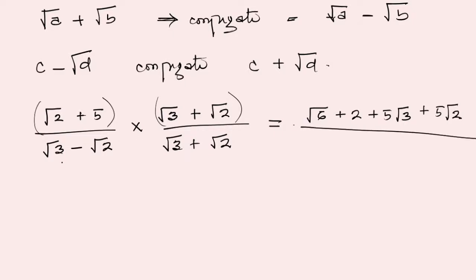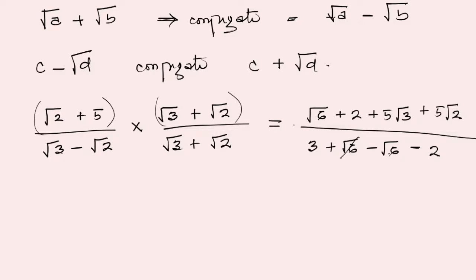The denominator in this case is going to be root 3 multiplied by root 3, which is going to be equal to 3. Root 3 multiplied by root 2 is going to be equal to plus root 6. Minus root 2 multiplied by root 3 is going to be equal to minus root 6. And minus root 2 multiplied by root 2 is going to be equal to minus 2.